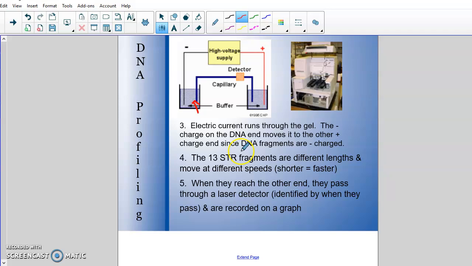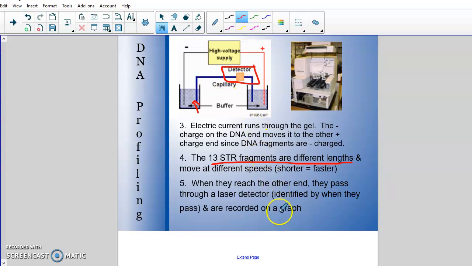And as it runs through the tube, the negative charge makes it move so it goes towards the positive charge, right? And the 13 STR fragments are different lengths, and they move at different speeds, same way as before. The shorter ones, the ones that maybe only have 6 repeats, will go faster than the ones that have 12 repeats, right? And so as it travels through this tube, it goes right here by this detector.